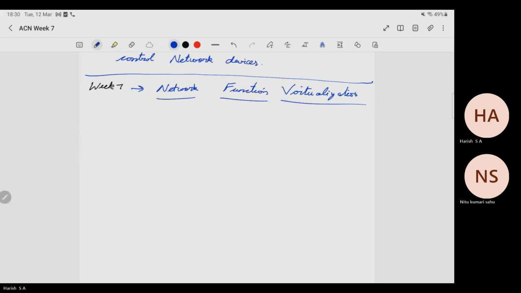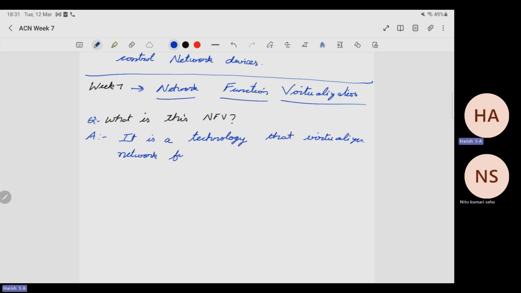So what is this NFV? In a nutshell, if you want to answer this question, the answer is that it is a technology that virtualizes network functions into software.